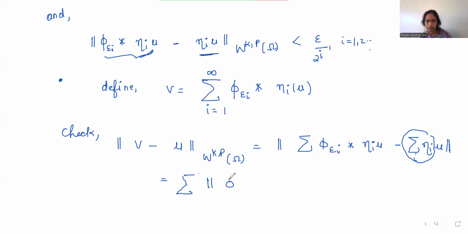This is the same as the summation of phi_epsilon_i convolved with eta_i u minus eta_i u. And we know that this is less than or equal to epsilon, where i is from 1 to infinity.